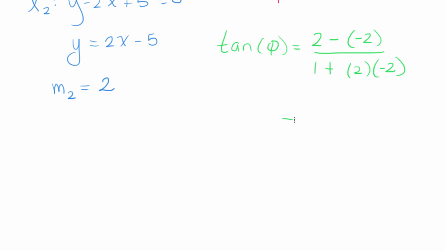Now that is equal to, a minus times a minus makes a plus, so 2 plus 2 over 1. 2 times negative 2 is minus 4. 2 plus 2 is 4. 1 minus 4 is negative 3. So tangent of phi is equal to 4 over negative 3.